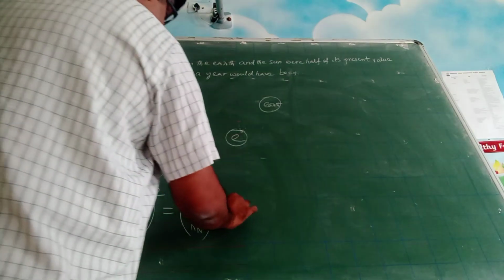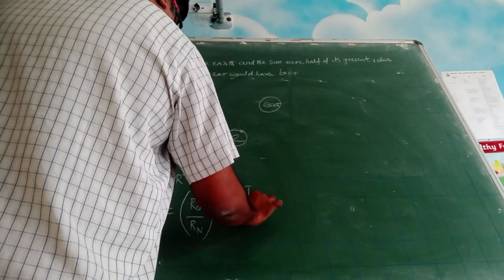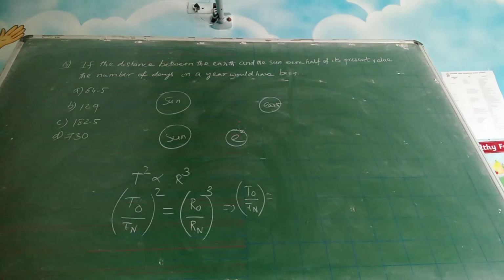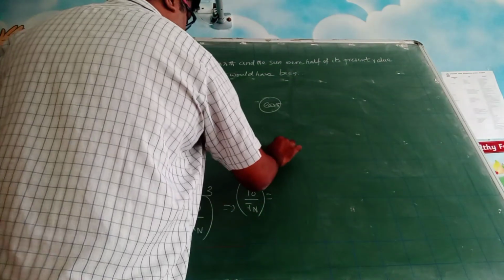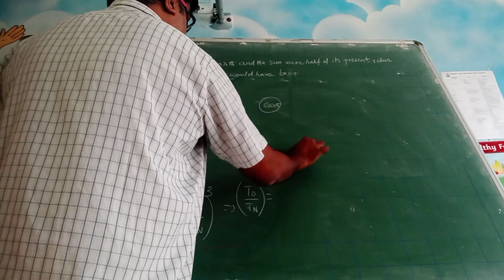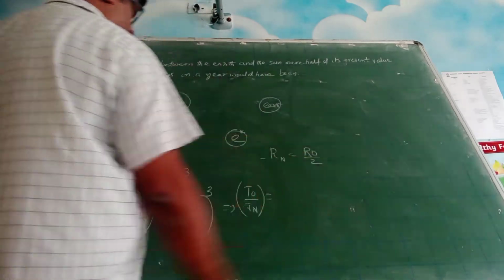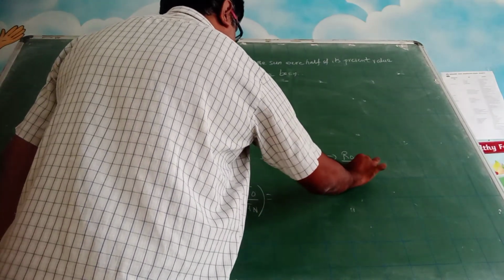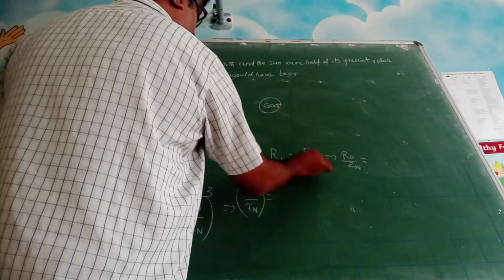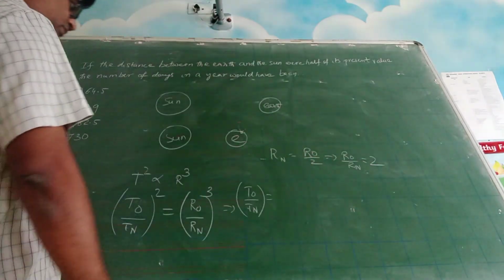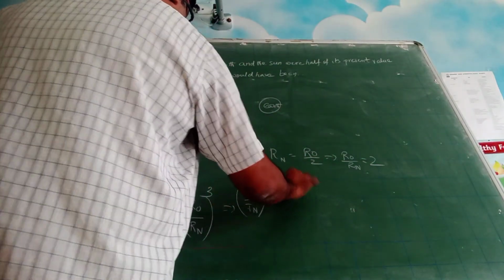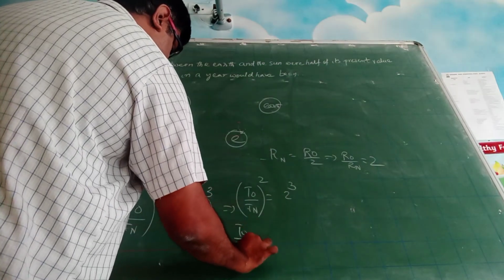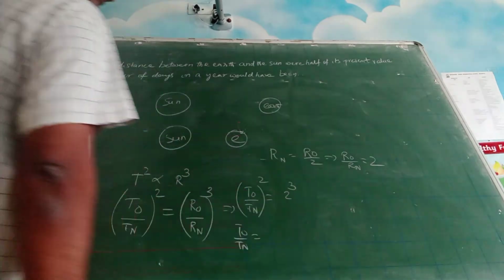So this implies TO by TN is, now the distance has become half. So R new is basically RO by 2. Okay? So from here you are getting RO by RN is equal to 2. So this becomes 2 cube and there is a square here. So TO by TN is equal to, this is 8.